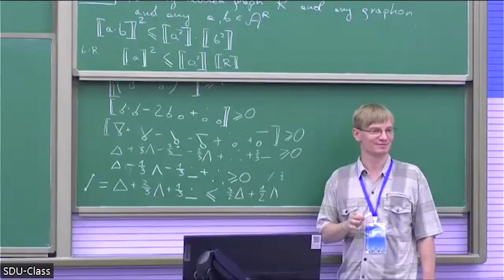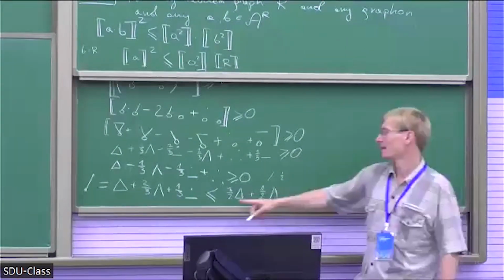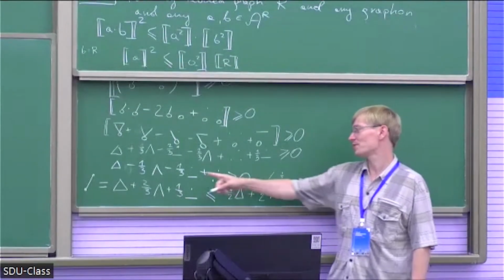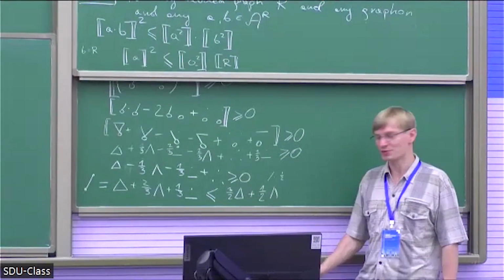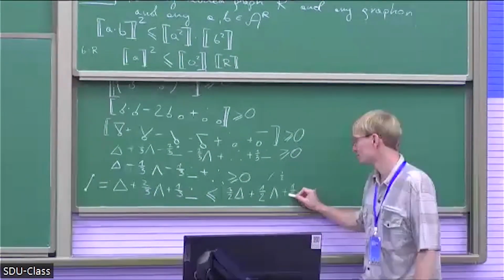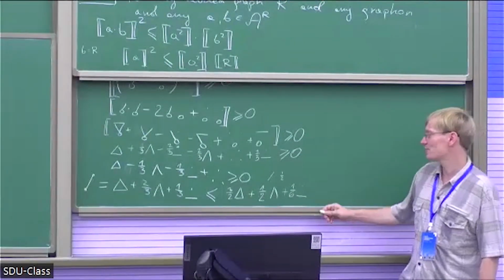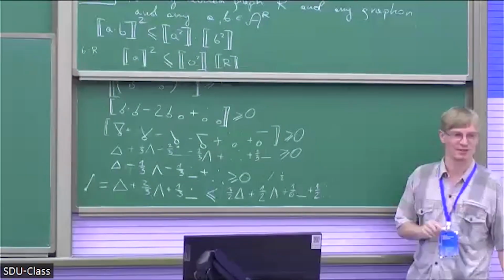You agree? Good. What's happening then? 1/3 of this graph minus 1/6 of it, which is 1/6. Right? And the last term is just half of this.